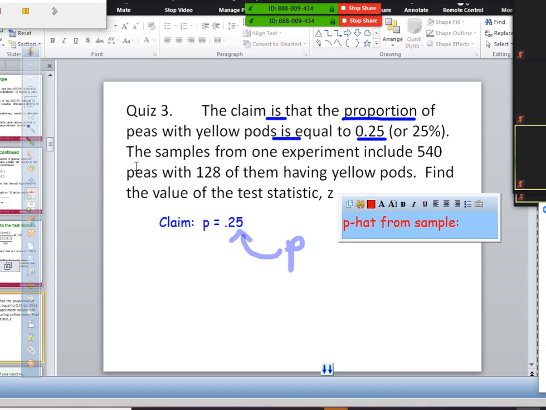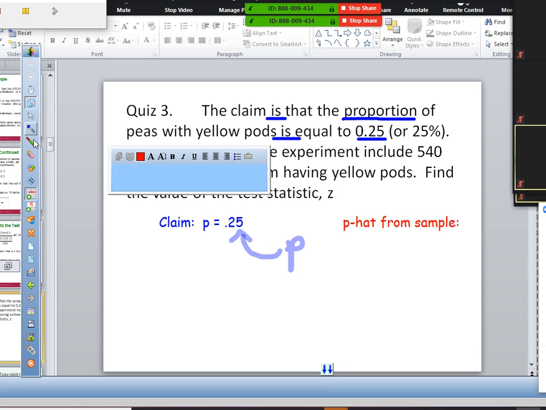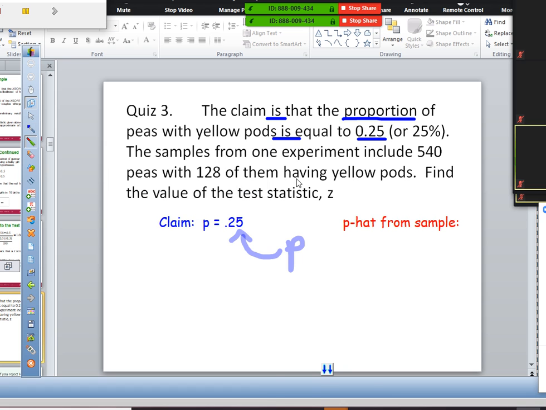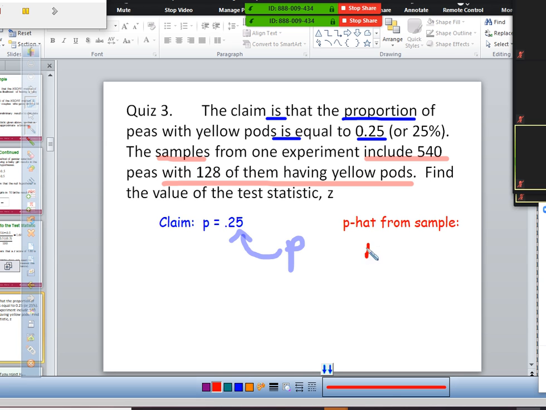So P hat's going to be, let's find the word sample. Sample includes 540 people with 128 of them being yellow. That means that my P hat is going to be the sample, 128 over 540.